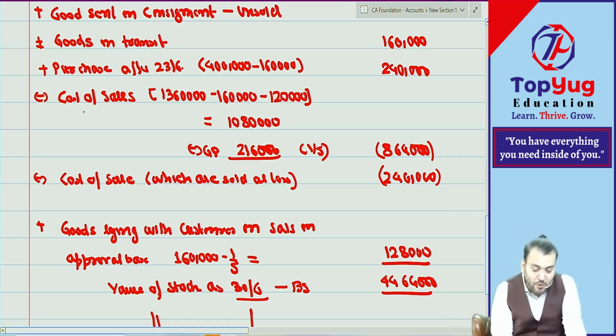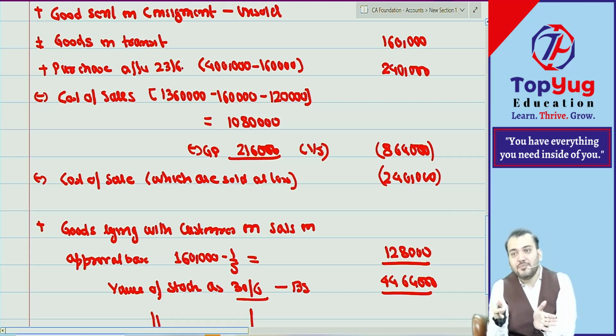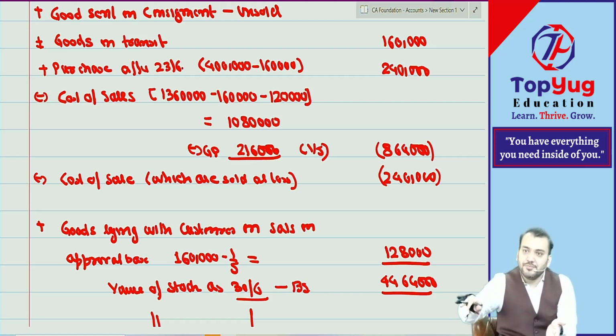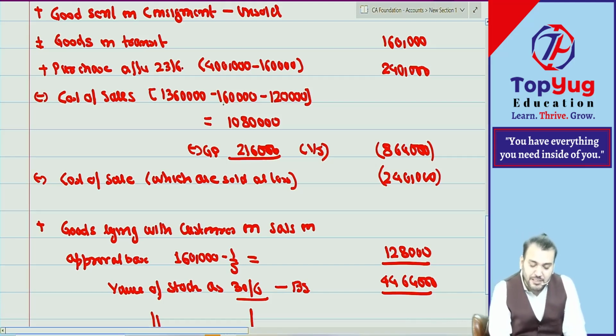So first we have done cost of sales, because this sale was done during which period? From 23rd June to 30th June. So before that was counted, it should not be counted, so first we have removed it. The 13 lakh 60 was the total sale, which should not be counted. Understood? This point you understood?